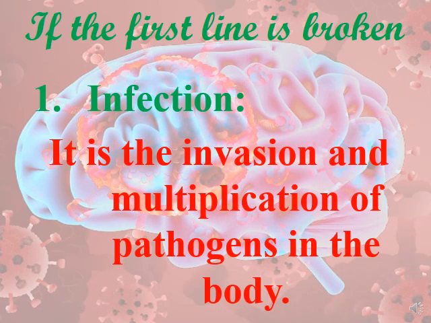So what is infection? Infection is the invasion and the multiplication of pathogens, and other microbes and bacteria, inside the body. As I said, it's the invasion and the multiplication.